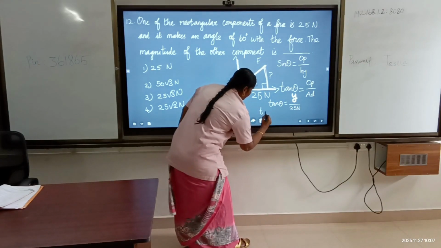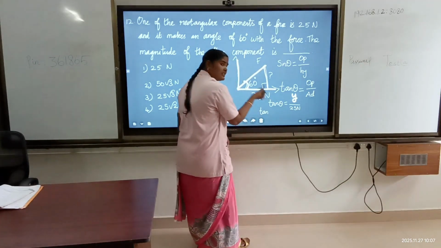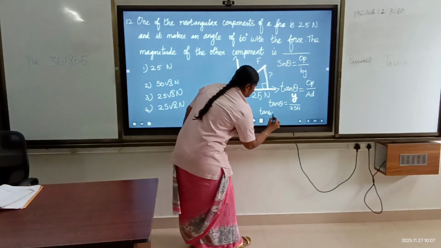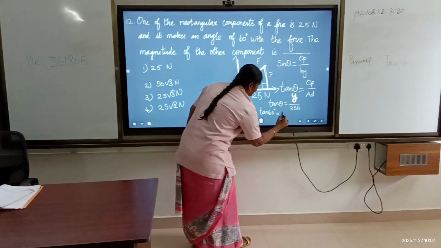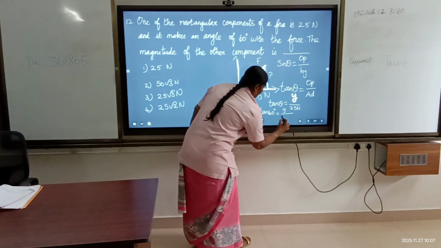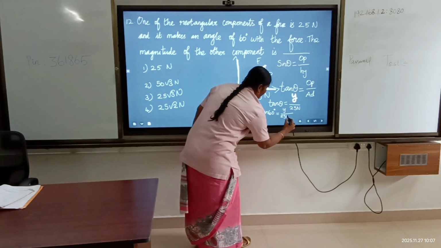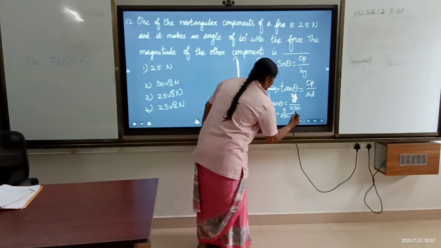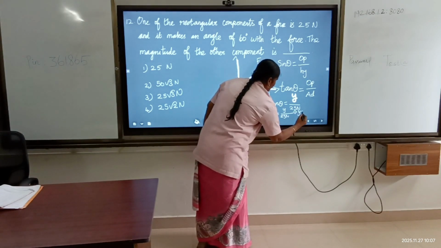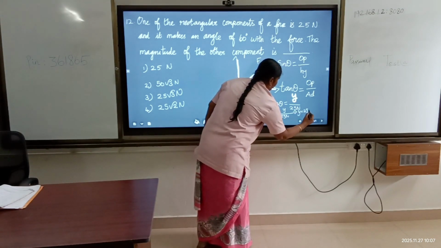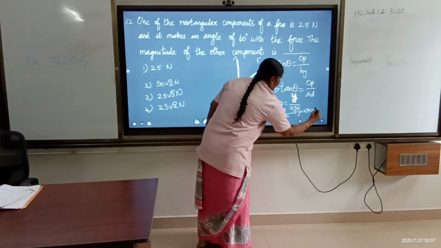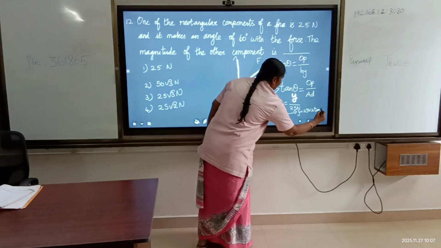Then tan, what is the value of theta? 60 degree. So tan 60 degree is equal to y divided by 25 Newton. So from this, y is equal to 25 Newton into tan 60 degree.